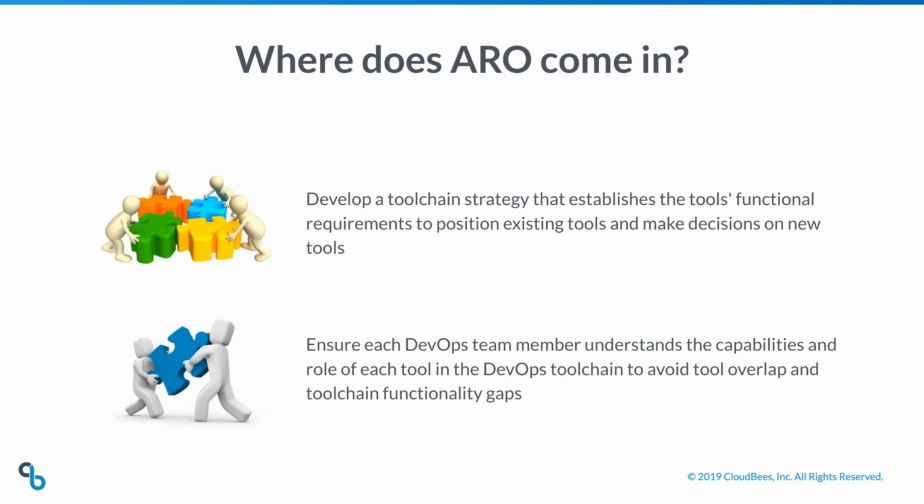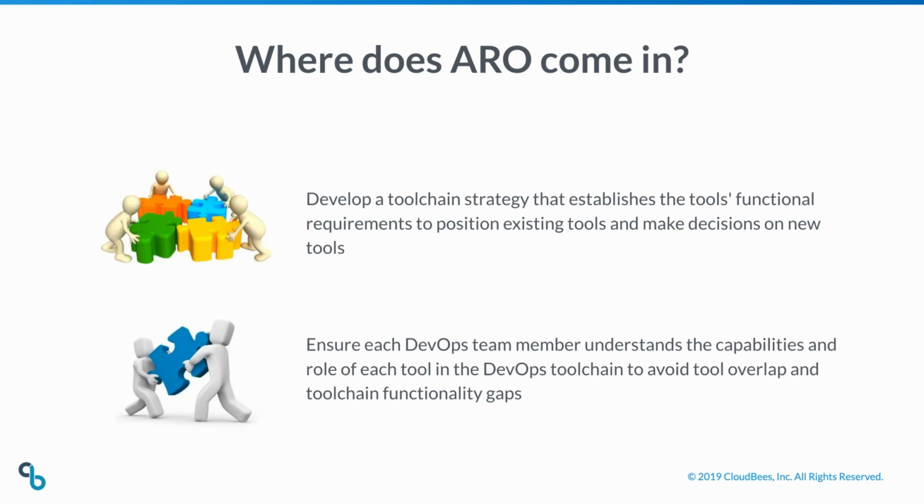Good point. So ARO, application release orchestration, is a term that was coined by Gartner and Forrester. I'm not sure which one came first, but it is an industry term. What they've said is that you need three things to have an effective software delivery pipeline and a software delivery management scheme: release orchestration, deployment automation, and pipeline and environment management.